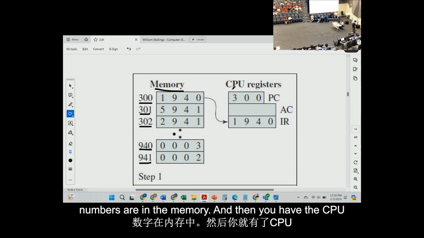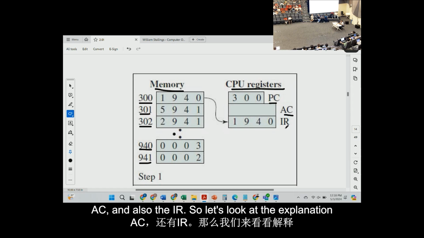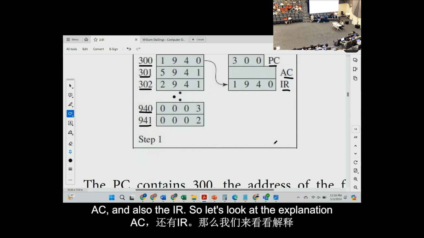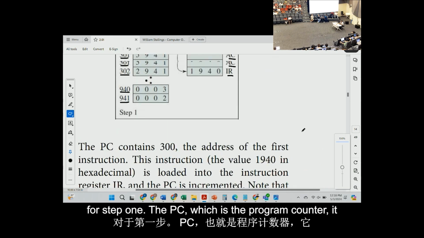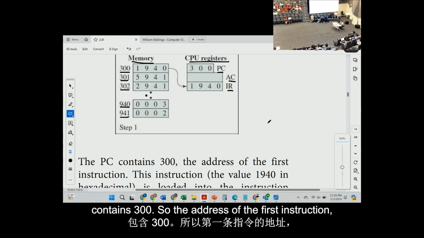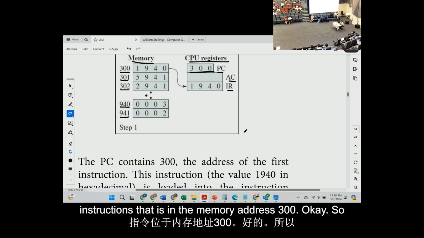Then you have the CPU registers: the PC, the AC, and also the IR. Let's look at the explanation for step 1. The PC, the program counter, contains 300, the address of the first instruction, meaning that the CPU will have to pick up the instruction that is in memory address 300.